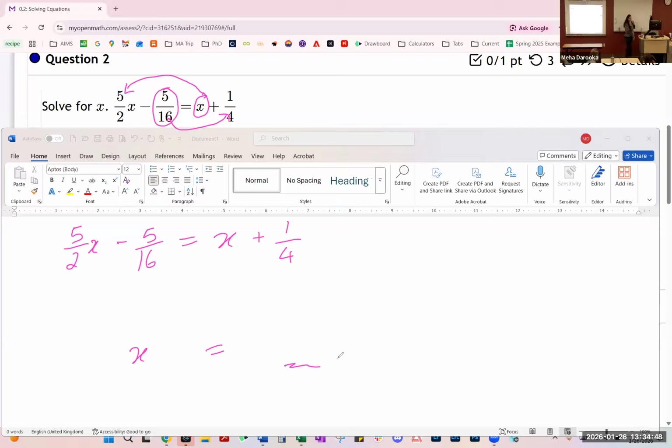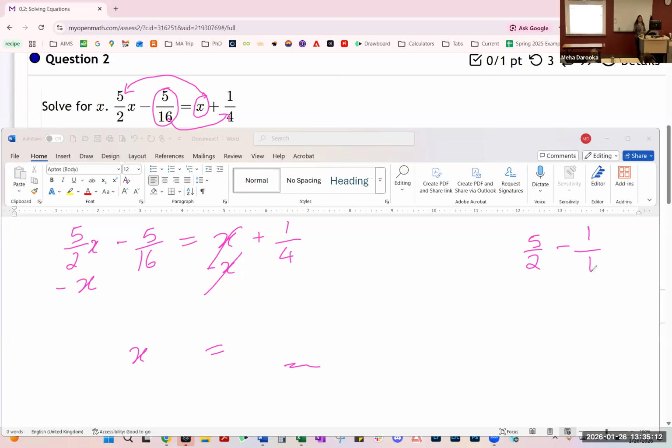Same? Okay. All right, so if we did move the x to the left-hand side, you are subtracting x here, which means if you look at the math, you are actually doing 5/2 from the first term, and then since we're doing minus x, you're doing minus 1. Since we are dealing with fractions, you need to find common denominators.